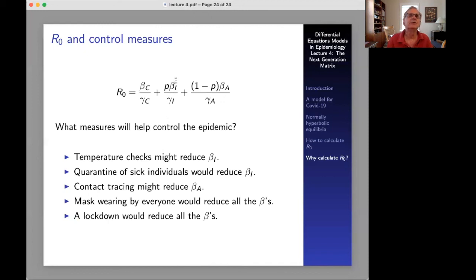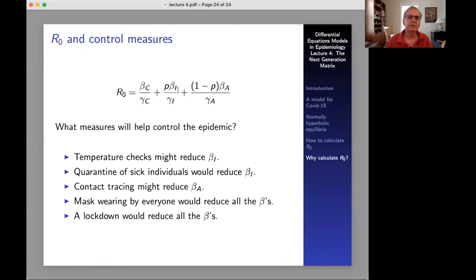So you're reducing beta I. The trouble is that if he had symptomatic COVID, he probably knew he was sick anyway and was probably staying home anyway. But there might be some people that this would help with. So this might reduce beta I a little.